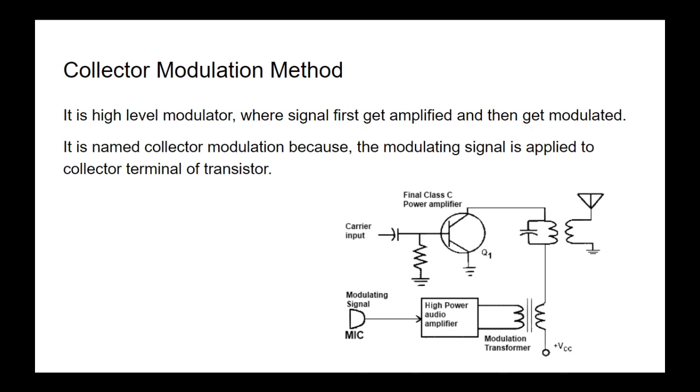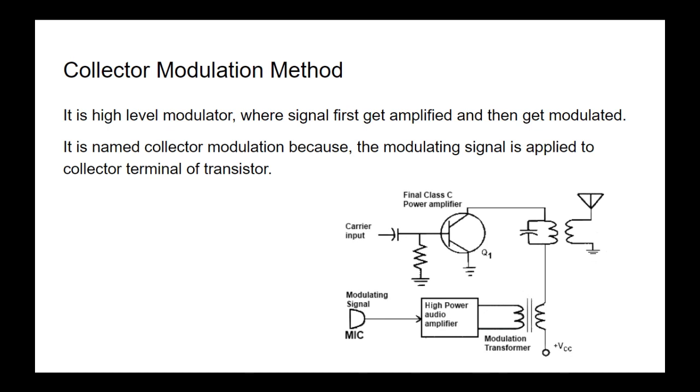In the circuit diagram, you will find that the carrier is applied to the base of the transistor, and the modulating signal is trying to alter the collector voltage indirectly.